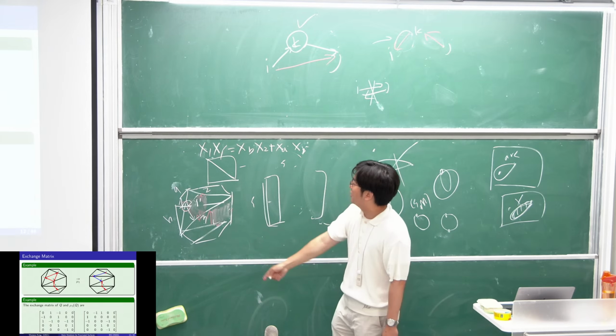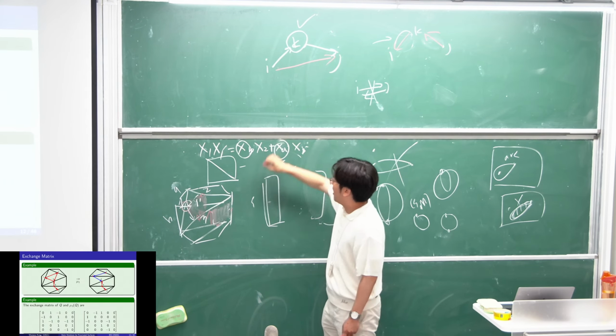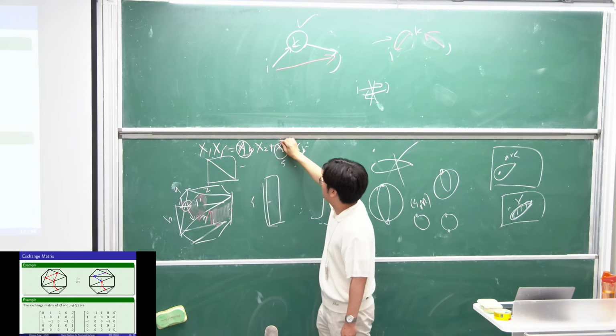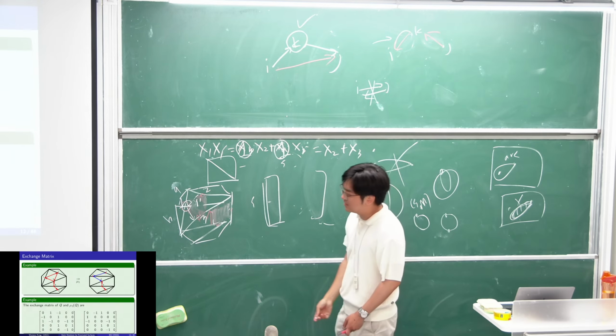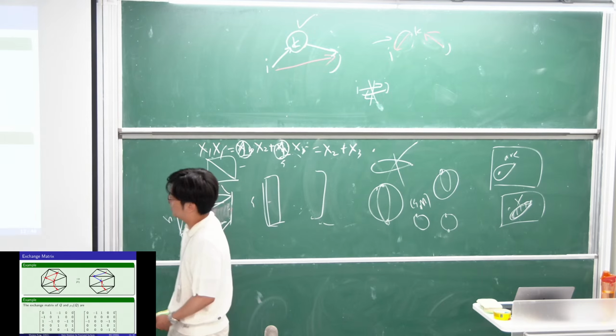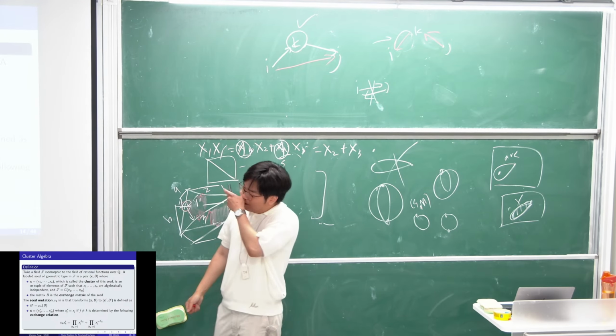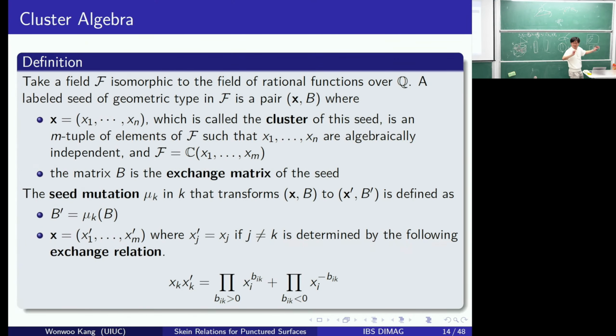But as I mentioned earlier, I'm not going to care about the boundaries. Boundaries are all just going to be 1. So that's why I get x2 plus x3, and that's why I'm claiming that this is retrieving the Ptolemy relation. So we're done. You just learned what a cluster algebra is. Hooray!